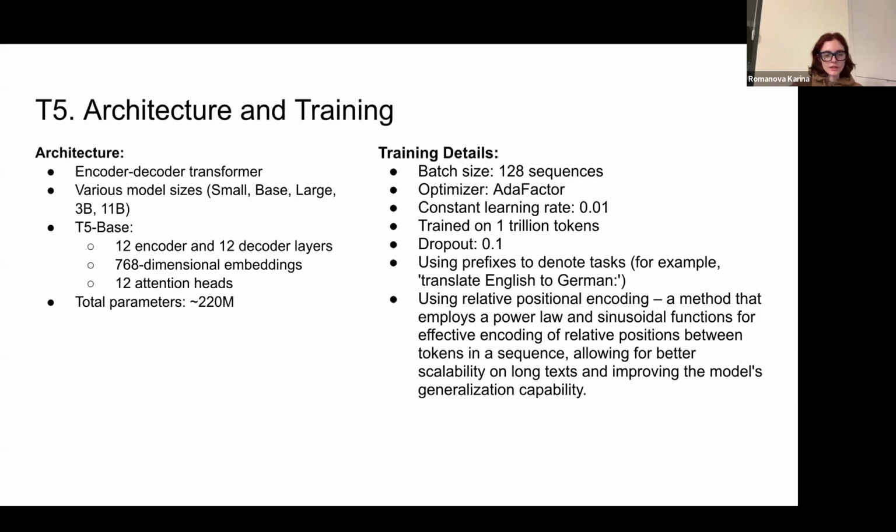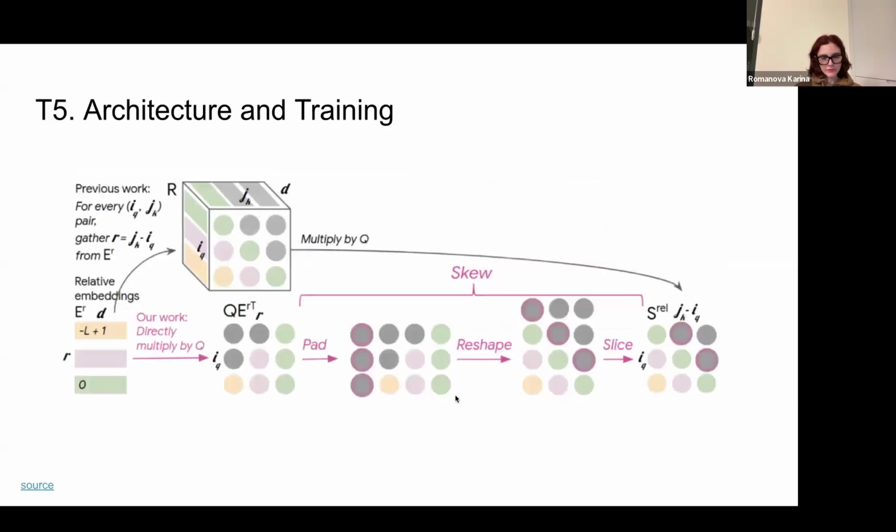T5 also utilizes relative positional encoding. We can see this in the training details. Traditional models like BERT use absolute positional encoding, where each word position in a sentence is fixed.